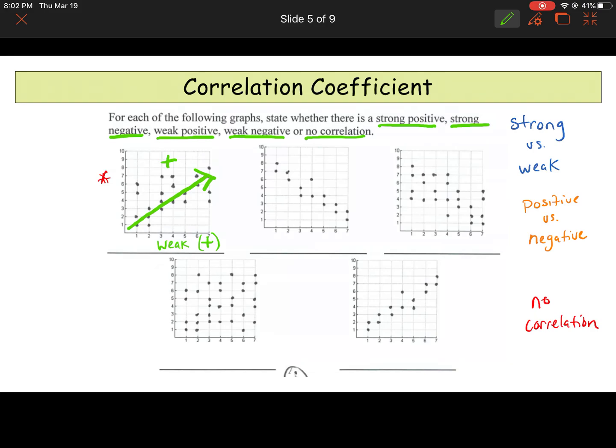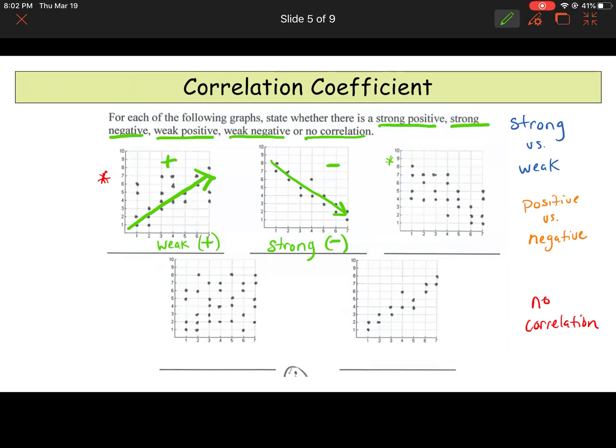You don't have to write out positive or negative. I'll cut you some slack. Okay, when I look at the second one, the dots are closer together. So I would call this a strong. Okay, now we have to figure out positive or negative. Well, it's going in the negative direction. It's going down, so that's negative. Strong negative correlation.